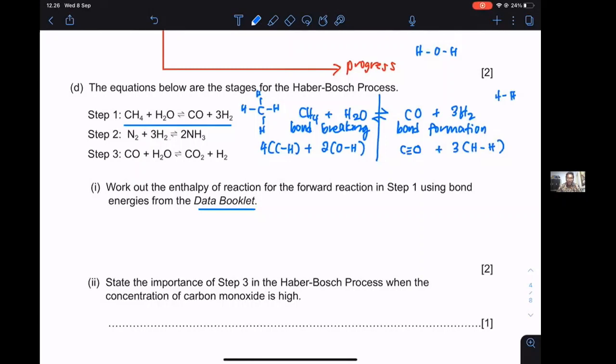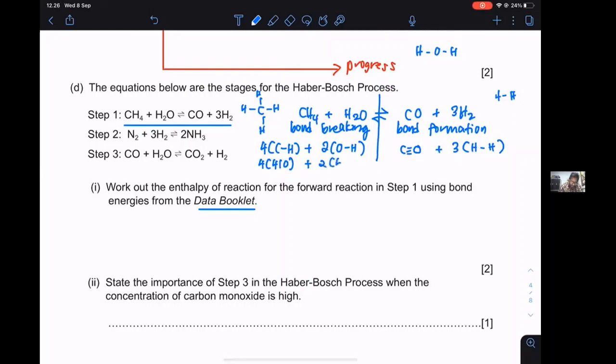So be careful with those. For example, CH4 is not diatomic, it is polyatomic. So you look for the bond C-H, which is going to be 410, so 4 times 410. And then O-H, the bond between O and H in water, is going to be 460.